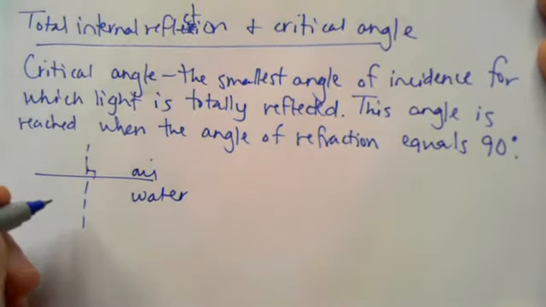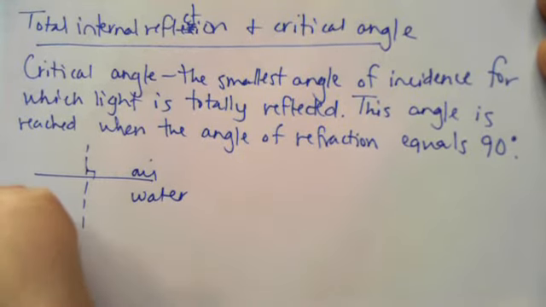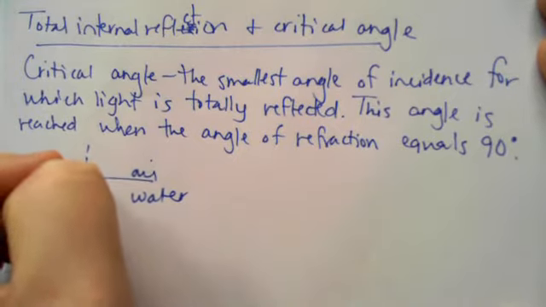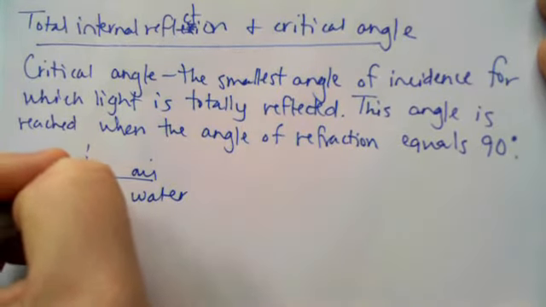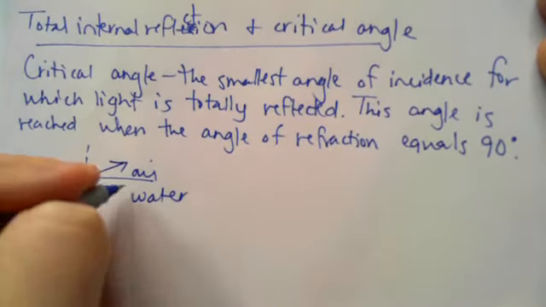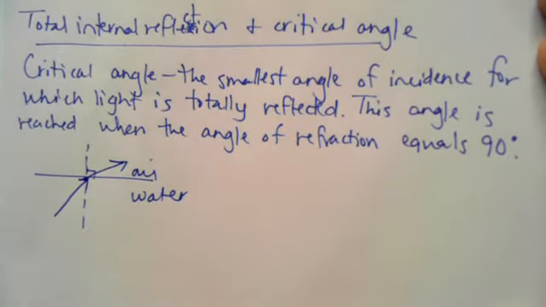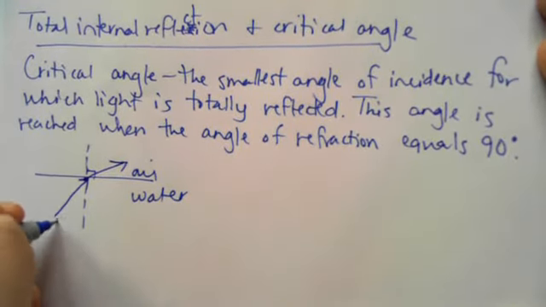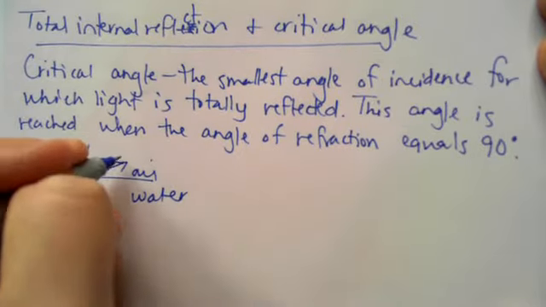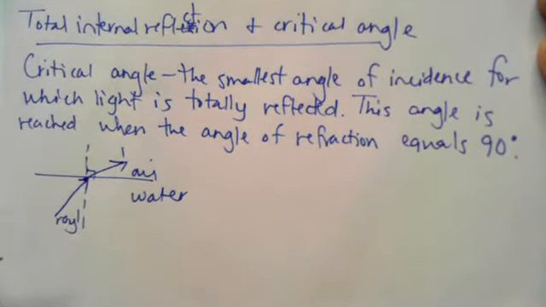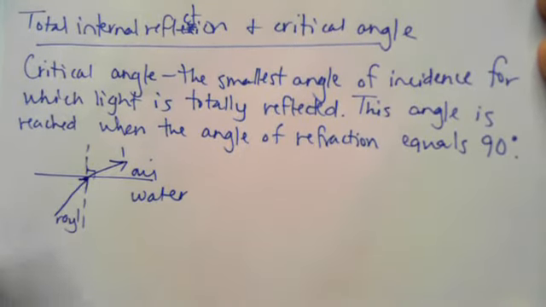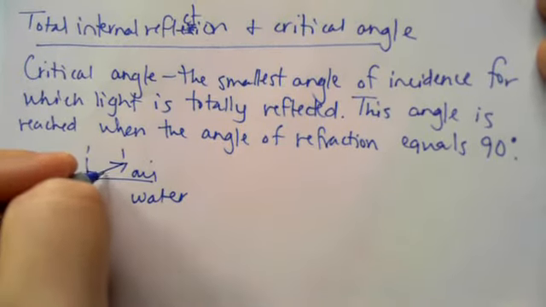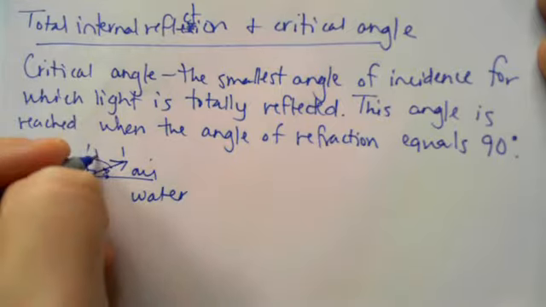We know that as a ray comes in, it's going to bend away from the normal, because it's going from more dense to less dense medium. So this is ray number 1, with its corresponding refracted ray. This is our angle of incidence, and this is our angle of refraction.